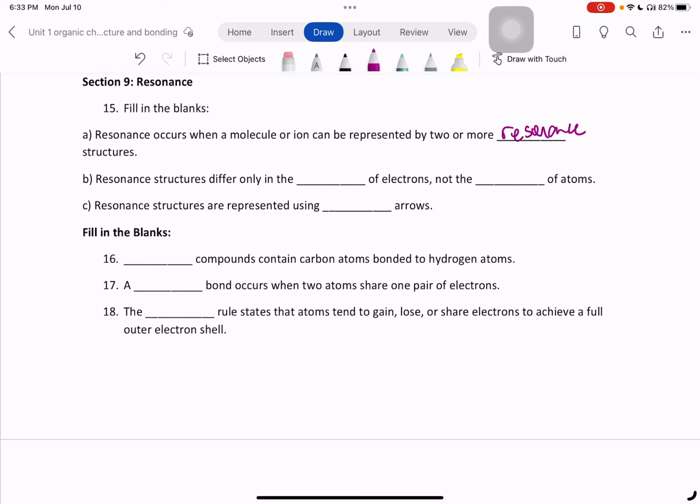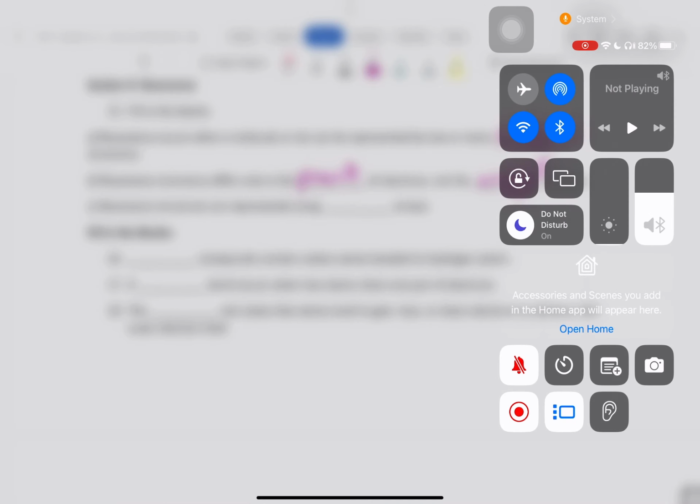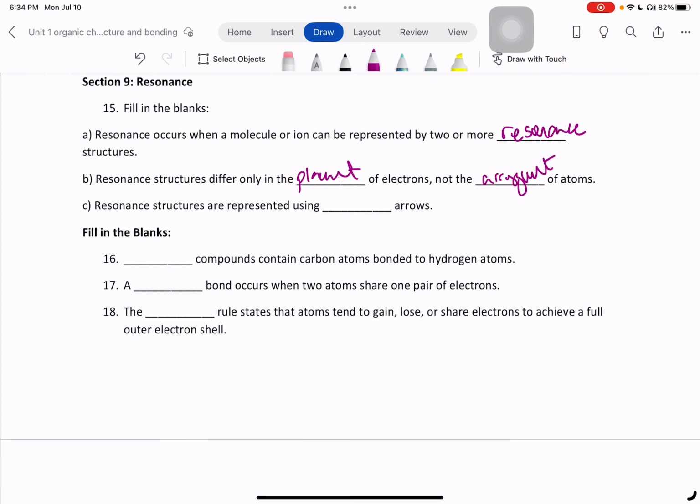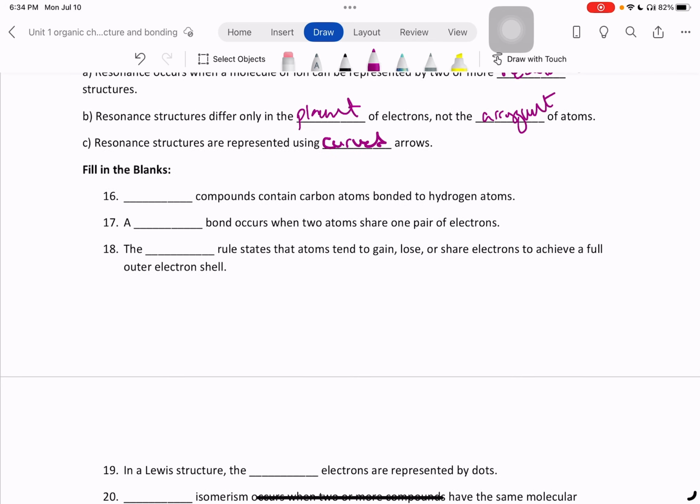Resonance structures differ only in the placement of electrons, not the arrangement of the atoms. Okay, so resonance structures are represented using what? Represented using curved arrows.